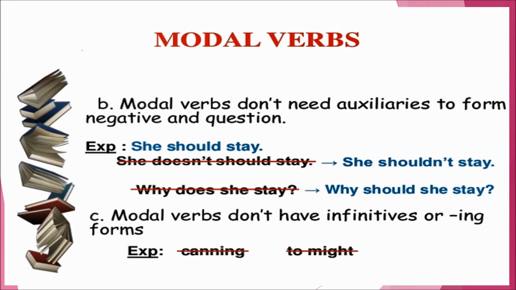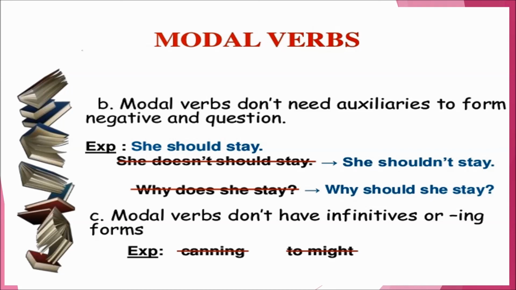For example, she should stay. The incorrect usage is: she doesn't should stay, whereas the correct usage is: she shouldn't stay. Then the incorrect usage is: why does she should stay, whereas the correct usage is: why should she stay.